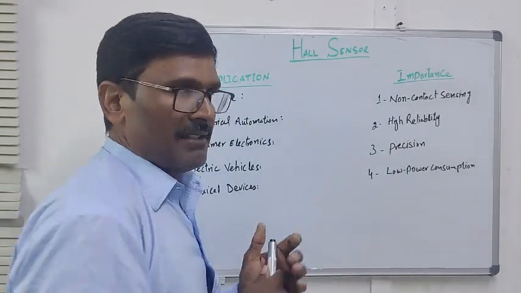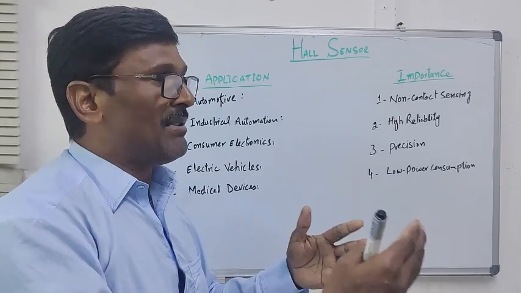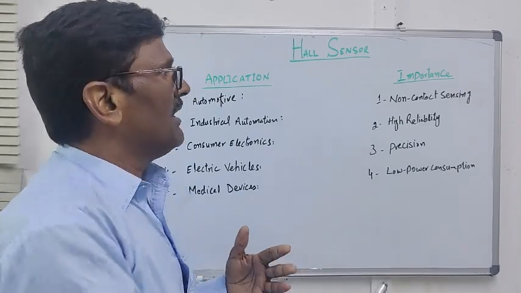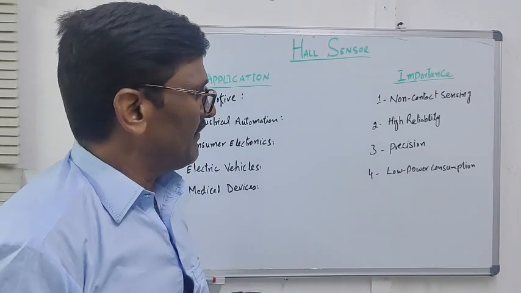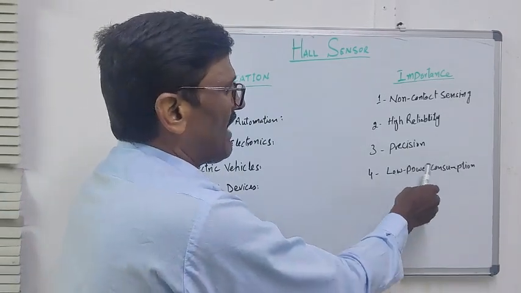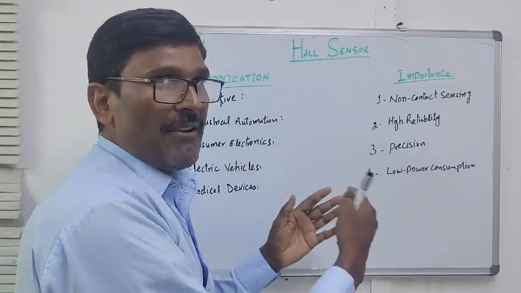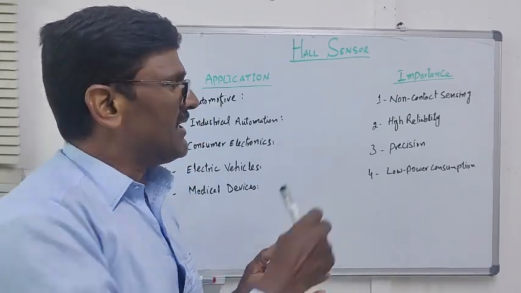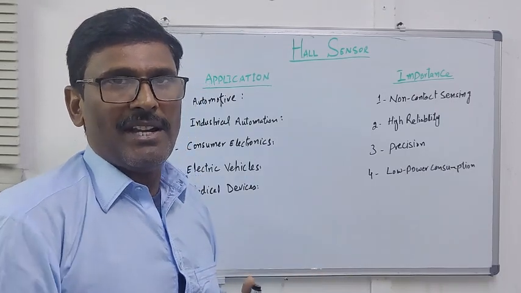Next is precision. Its measurement is very accurate and precise, therefore its use is very important. And the last one is low power consumption. It is a very energy efficient device and needs very little power to operate.